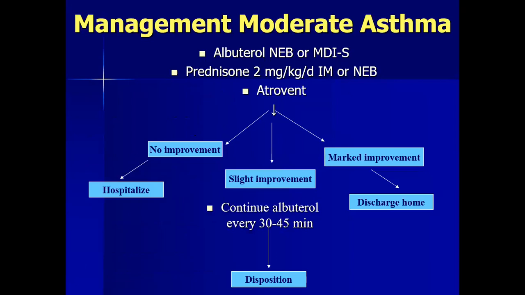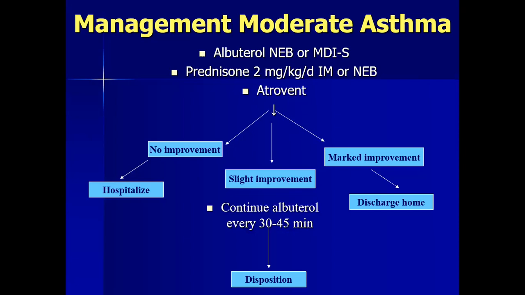Management of moderate asthma: albuterol, nebulizers or MDIs, prednisone 2 mg/kg daily, or nebulizer therapy. Atrovent next.